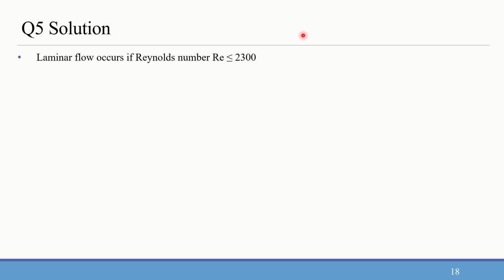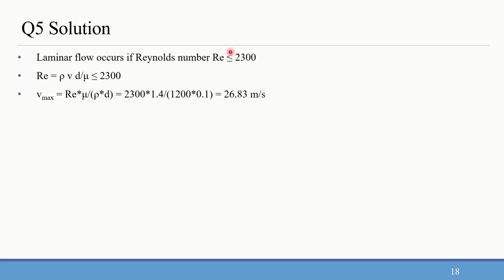So if we keep Reynolds number as 2300, that is the maximum possible limit, and we keep everything else which is known and substitute in the equation, v will be the unknown. So v is Re into mu by rho into d.